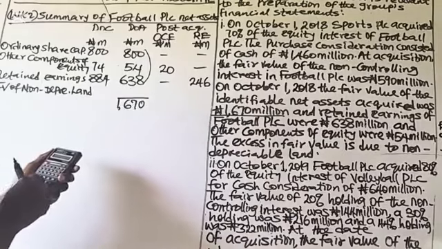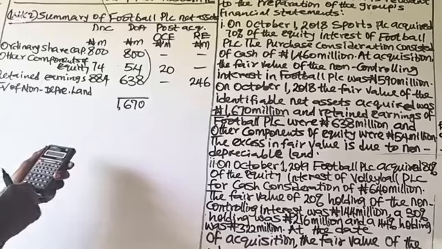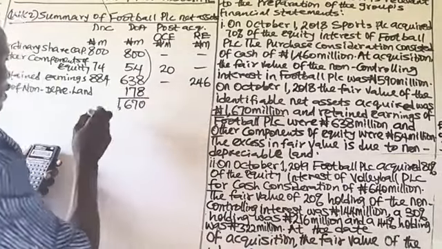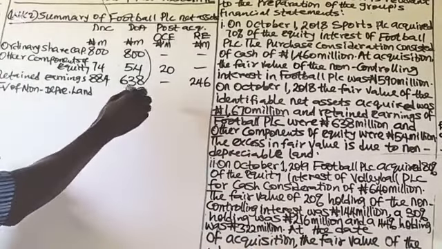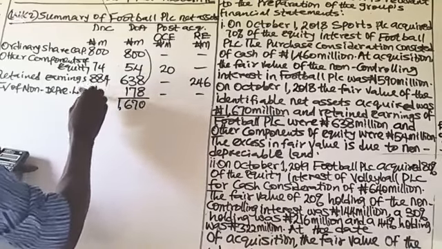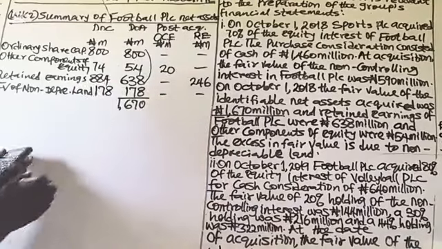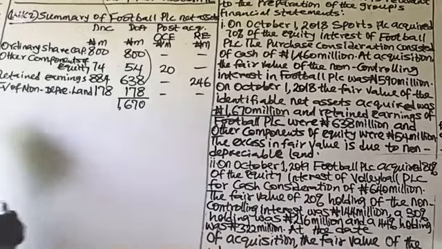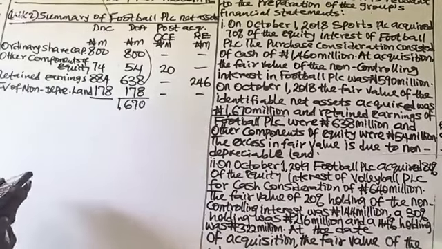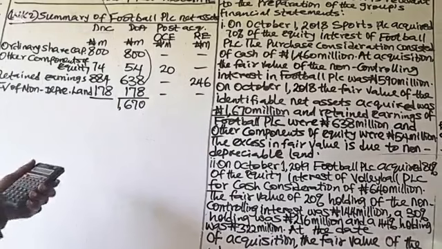Let's subtract 1,670. If you subtract it, you have 178 as the difference. Then the same amount, you must include it in the DOA column, 178. We don't depreciate land. Since land is not to be depreciated, that means you will not need to charge any subsequent or under depreciation.